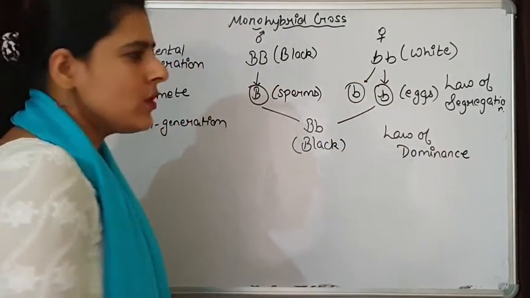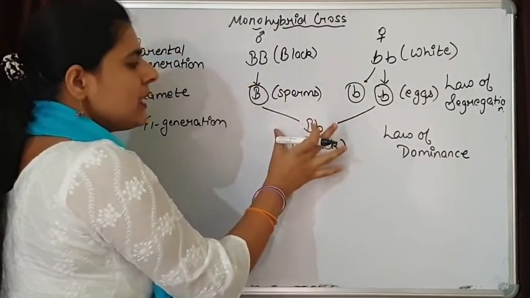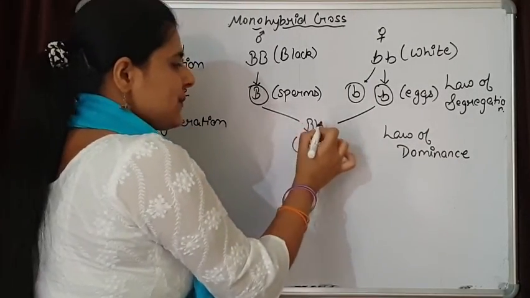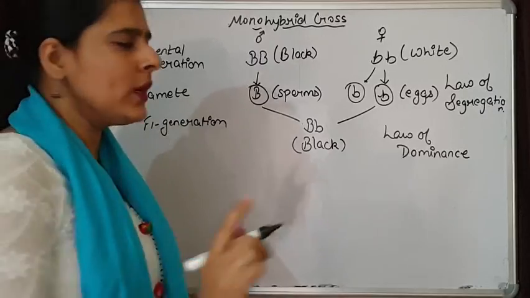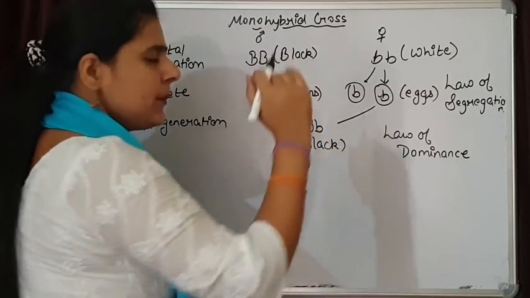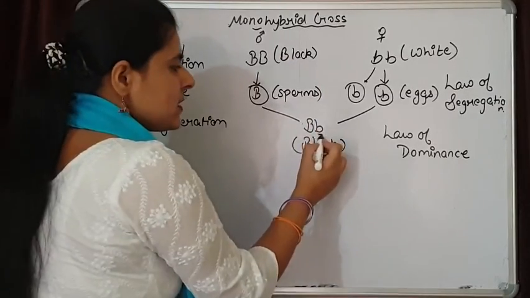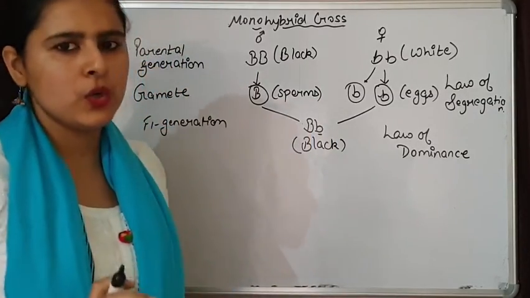The law of dominance says that if both alleles are present, the one that expresses itself will be the dominant one, and it suppresses the expression of the other one.